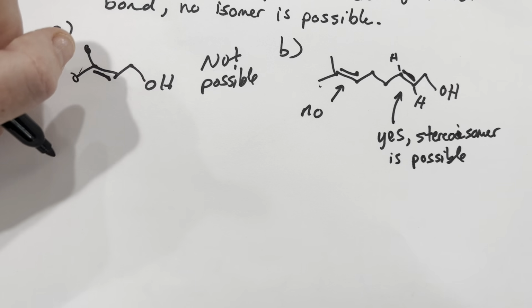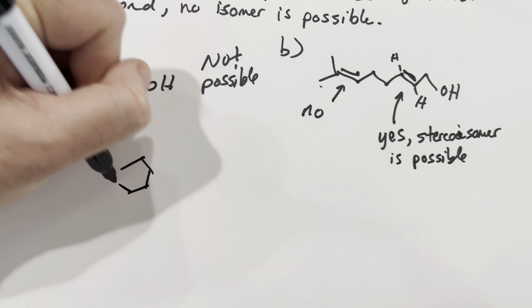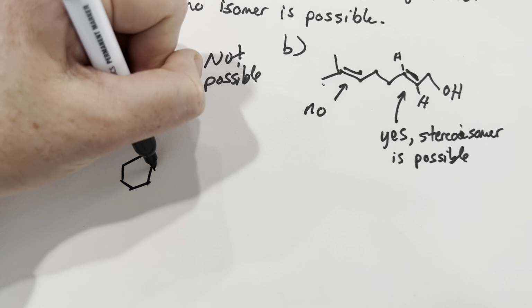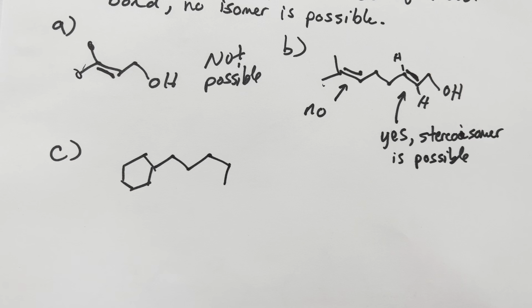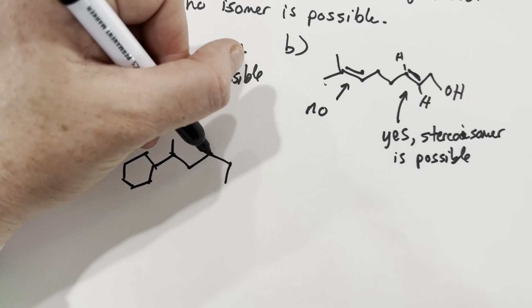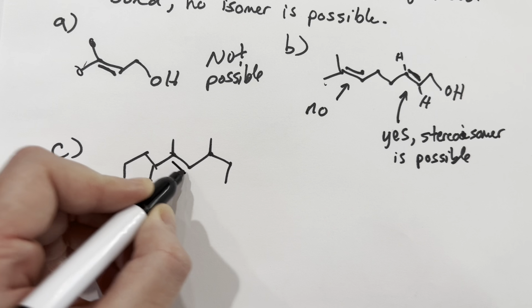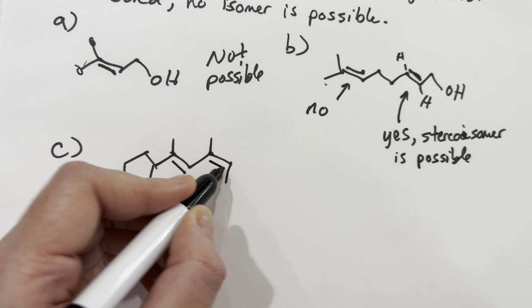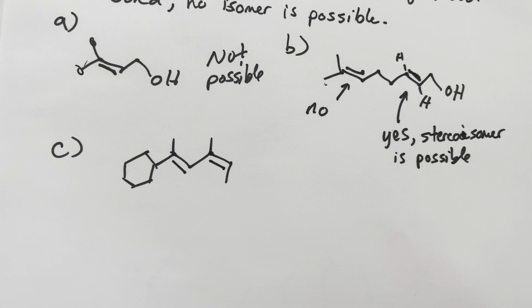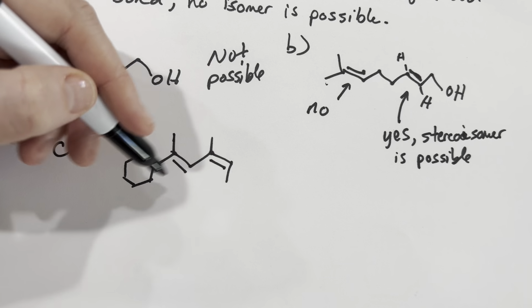All right, and last but not least, C. Let's go ahead and do this one. Put a methyl group there, and a methyl group there. And I'll do that. And I'll do this. Okay, so at first glance, let's look at this one.